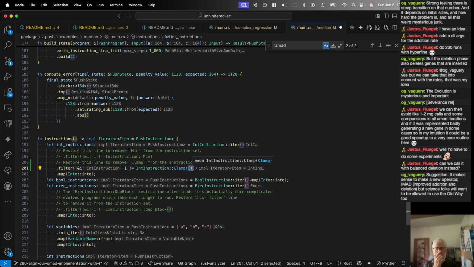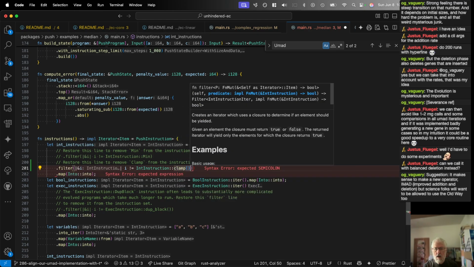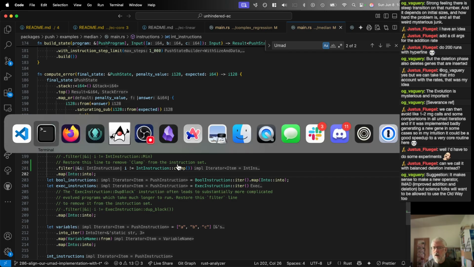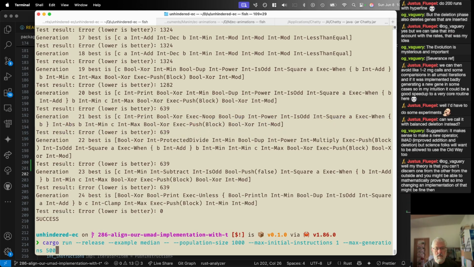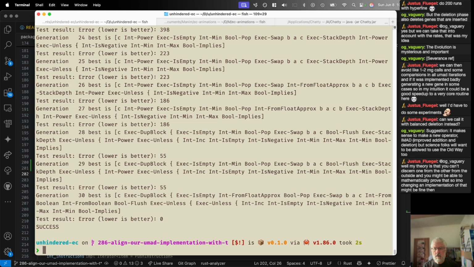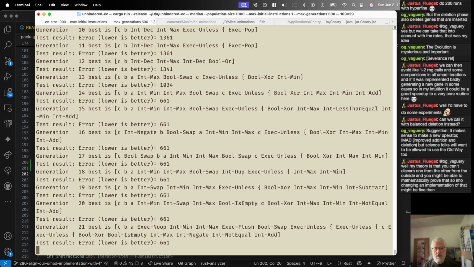Oh, that's a little awkward. Is it gonna work? I think so. There we go. And so now it just has to do a bunch of mins, which is still pretty easy, but it's not as easy as it was with clamp.